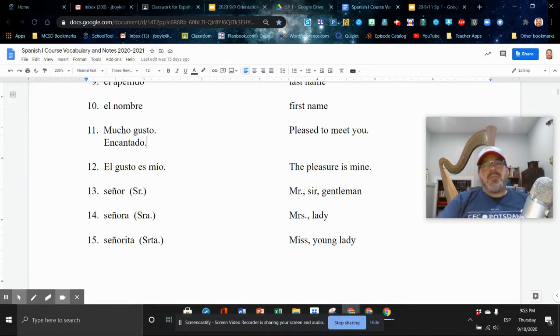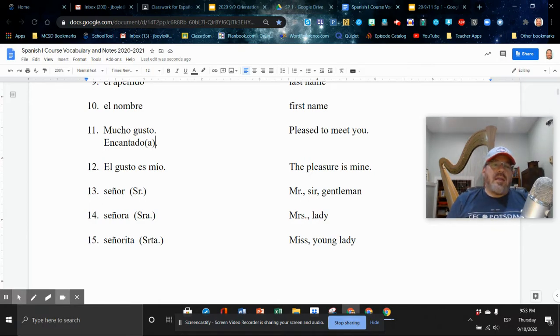Guys are going to say encantado. Girls, you're going to say encantada. So I'm going to add parenthesis A, because if you're feminine, you're basically saying, I am enchanted, and you have to describe yourself in the correct gender.